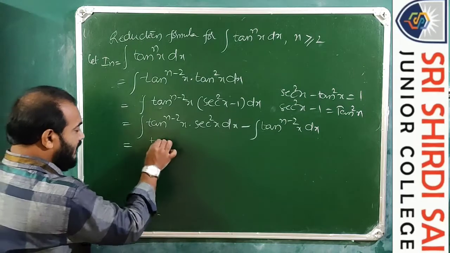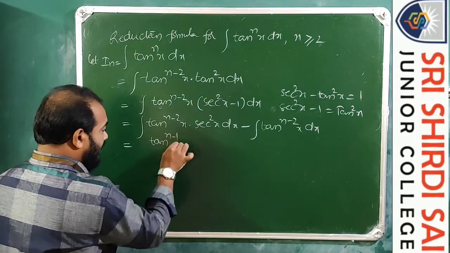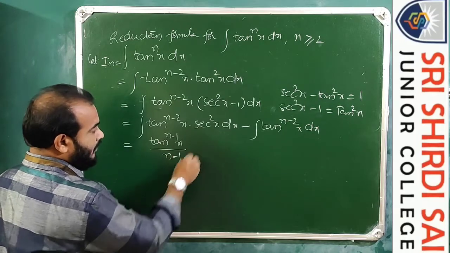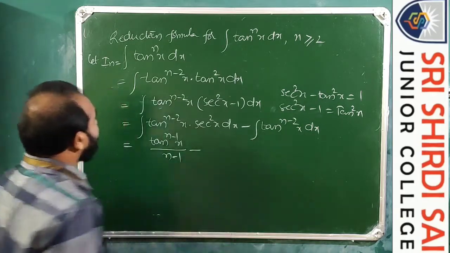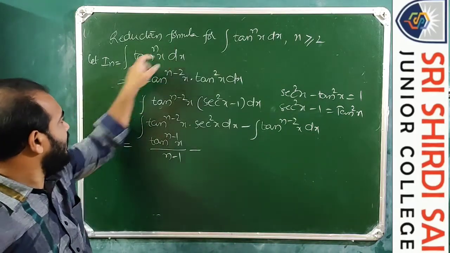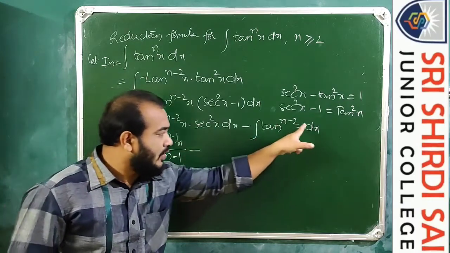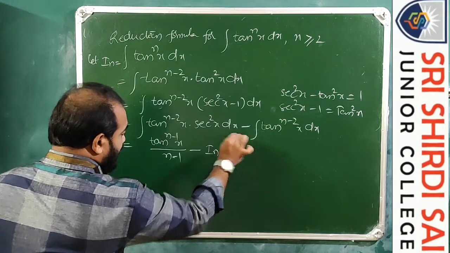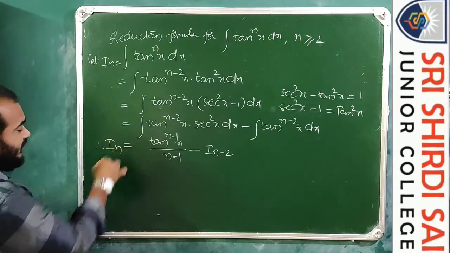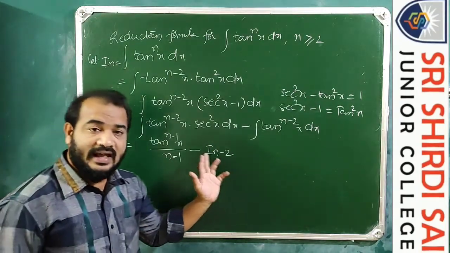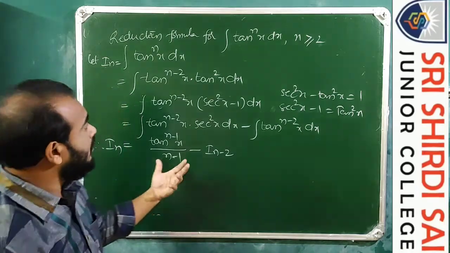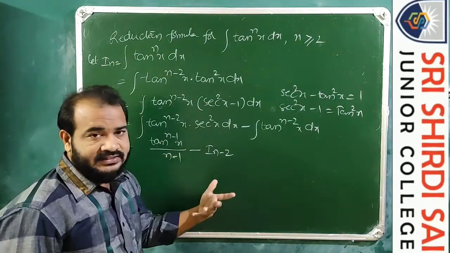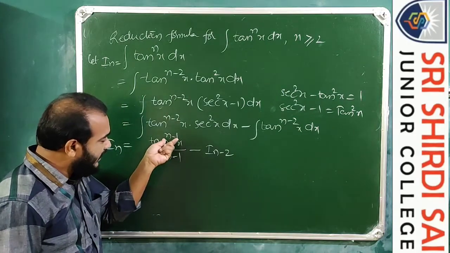So this is tan power n minus 1x by n minus 1, minus, since integral tan power nx dx is In, integral tan power n minus 2x dx will be I n minus 2. Simply, this is the reduction formula for tan power nx dx. If you are asked to find tan power 10x, simply substitute n equals 10 here.